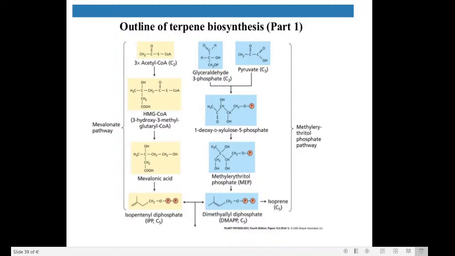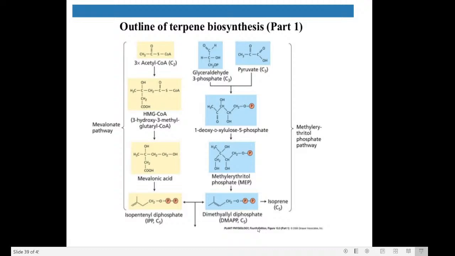Then it produces isopentenyl diphosphate. This isopentenyl diphosphate is helpful for the production of isoprene. All these things are helpful for the production of terpenes. This is the terpene compound.